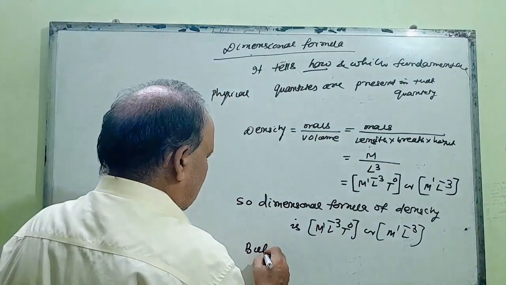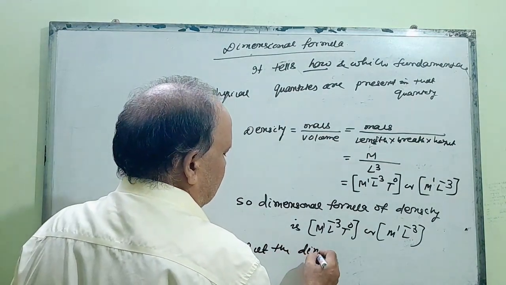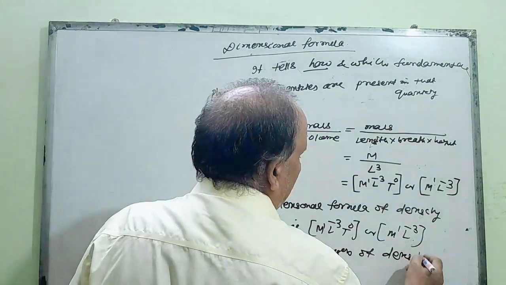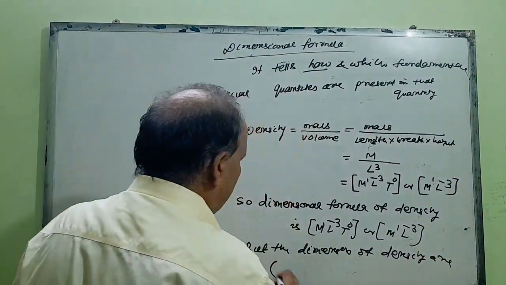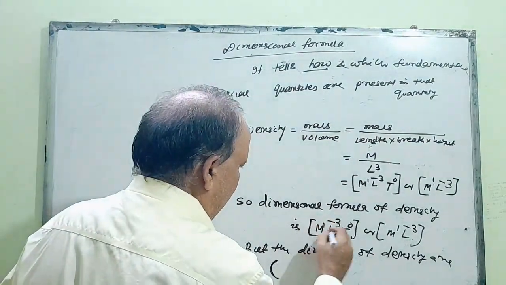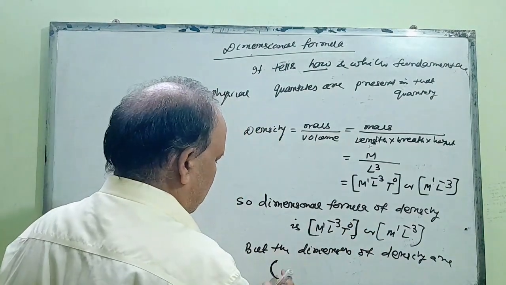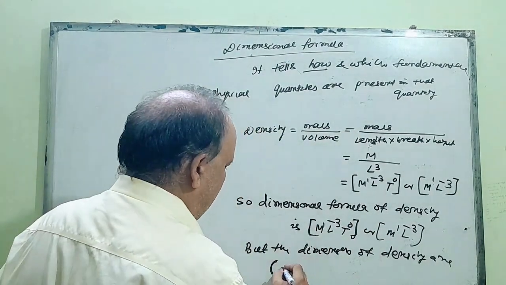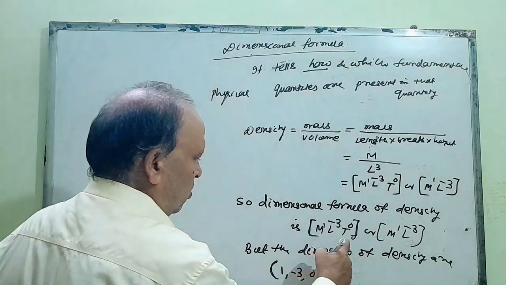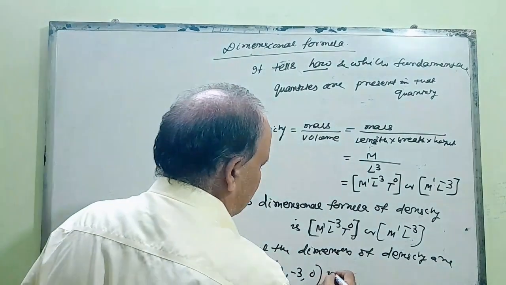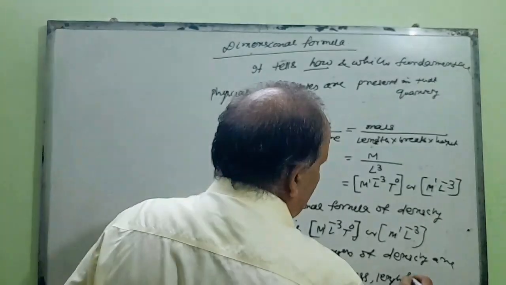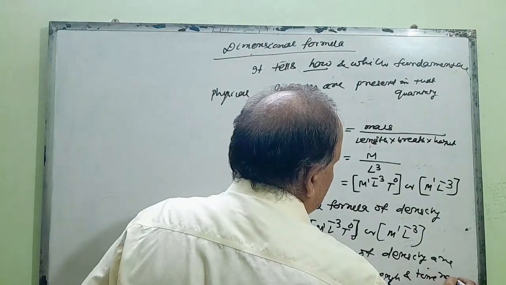But the dimensions of density are, we can write only the power. We give parenthesis. Here you use square bracket, but here you use parenthesis, and we write the powers, that is 1, -3, 0. Here you give comma, in the formula you don't give comma. 1, -3, 0 in mass, length and time respectively.